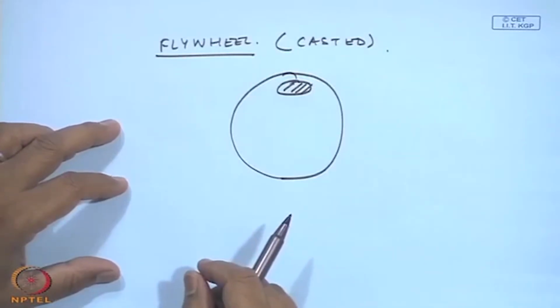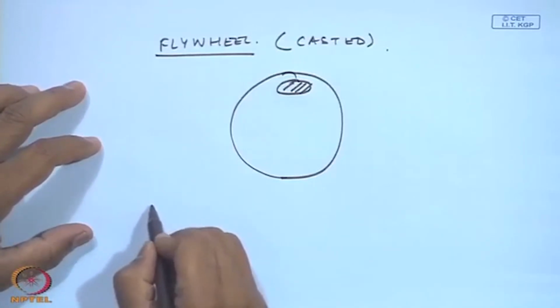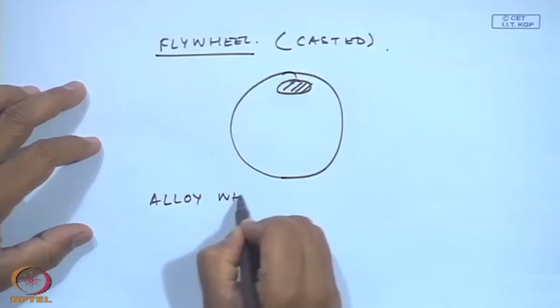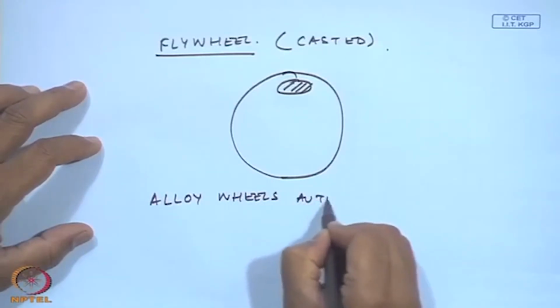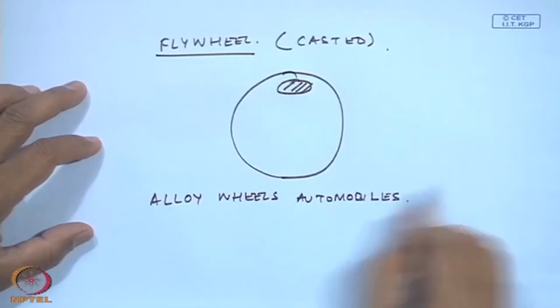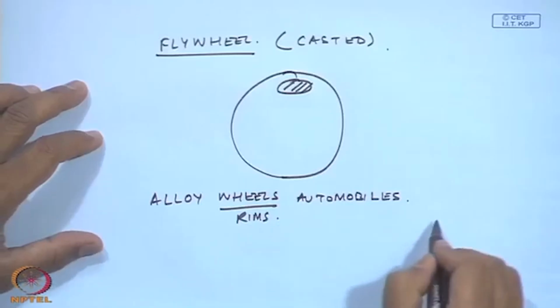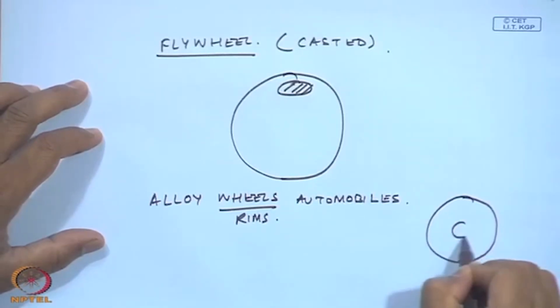Okay. There are many engineering applications, I will tell you. For example, you would have seen the alloy wheels in automobiles. Wheels, or particularly the rims.